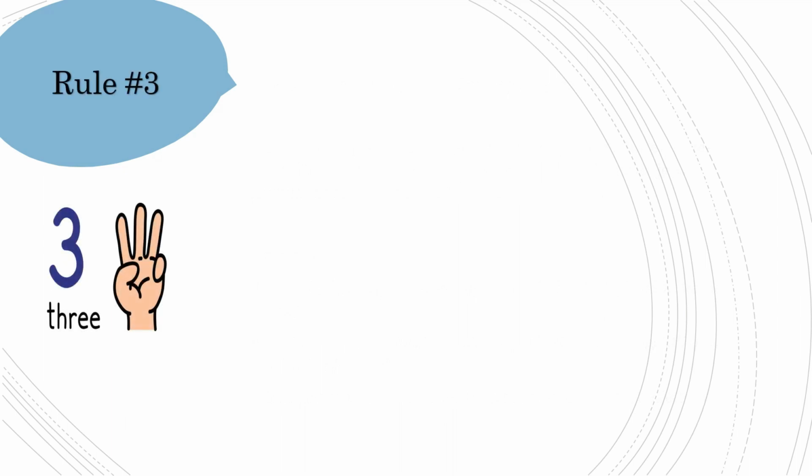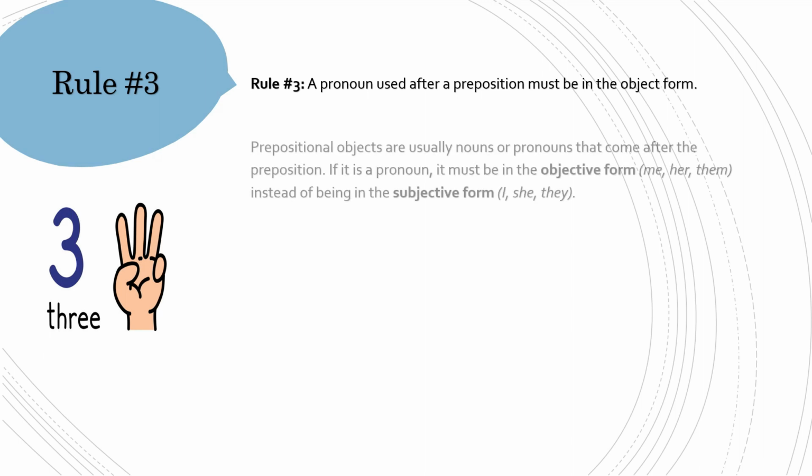Rule number 3. A pronoun used after a preposition must be in the object form. Prepositional objects are usually nouns or pronouns that come after the preposition. If it is a pronoun, it must be in the objective form: me, her, them, instead of being in the subjective form: I, she, they.